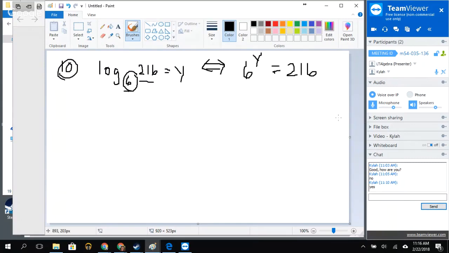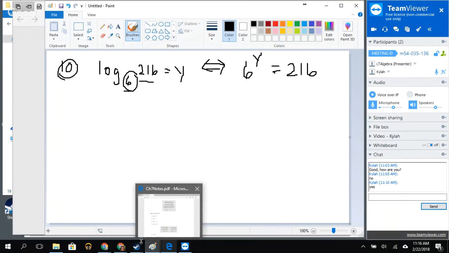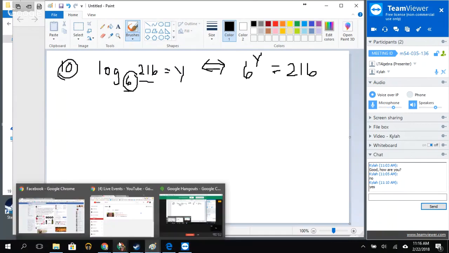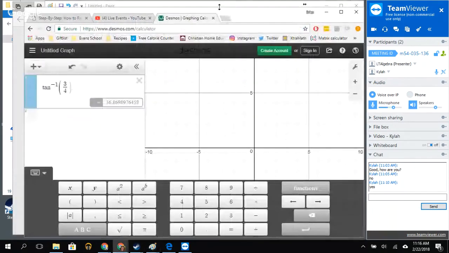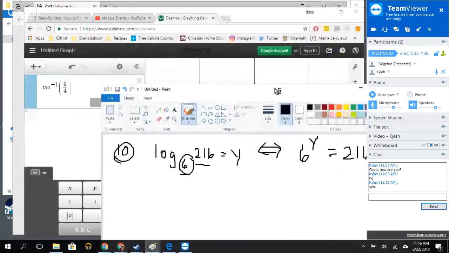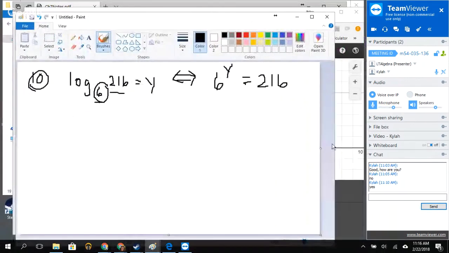Okay. Now, this is where you might not know. I know that 6 squared is 36. I'm guessing 6 to the third power is 216, but I don't know that off the top of my head. So that's where I'm saying it's not a bad thing if you use a calculator to figure out what that is.